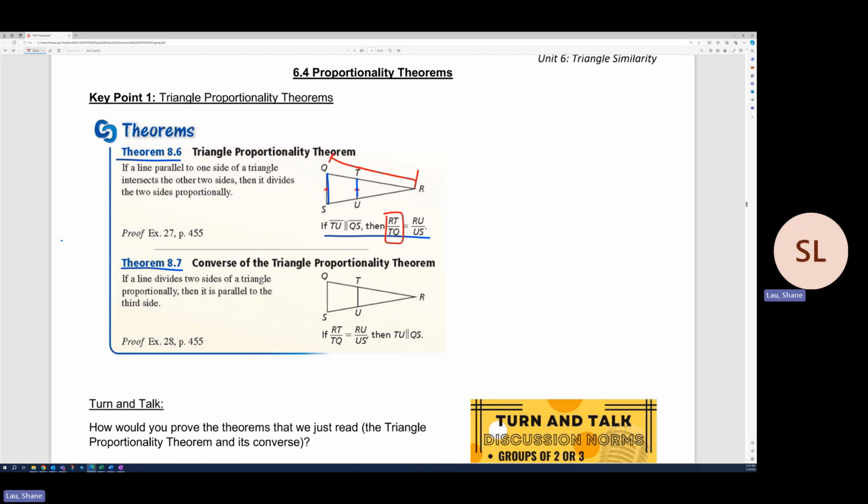The two most important things are that we have not only RT and TQ, but we have RU and SU as well, and that's going to be notated with this purple. If you can understand that this is how we're going to approach the problem, and we need to use the same side for proportions, you should be perfectly fine with this theorem.